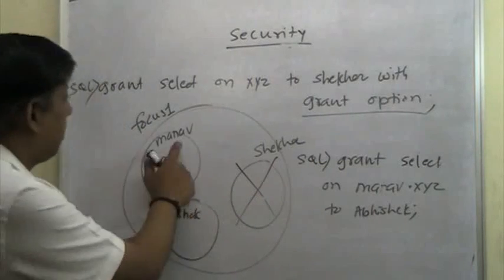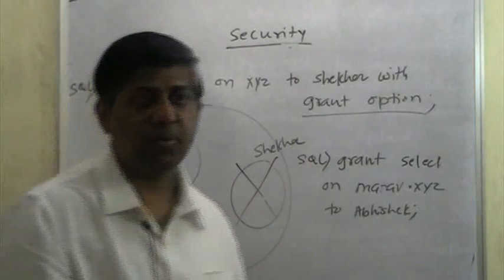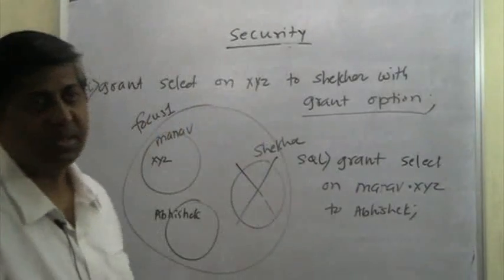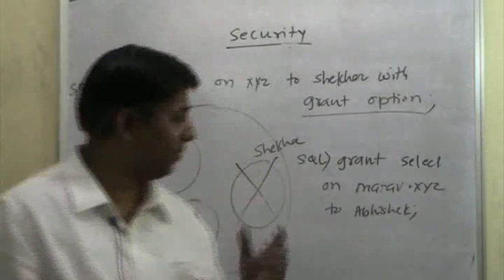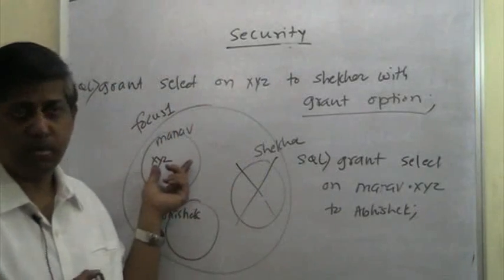By whom? By Manav. Is Shekhar the owner of the table? No. Shekhar cannot revoke his own privileges, since it has been given to him. It has to be revoked by Manav.